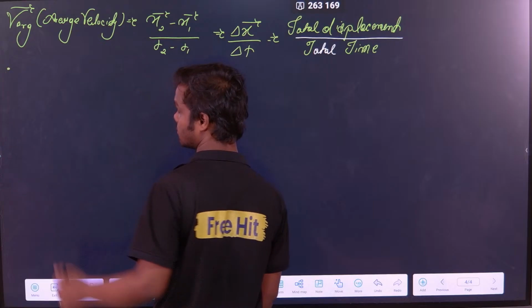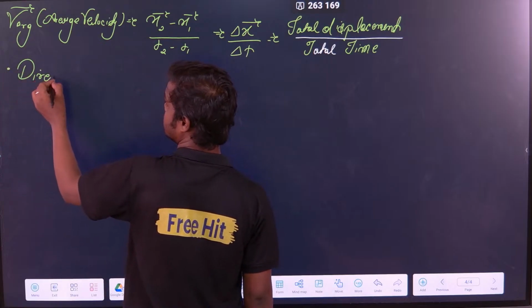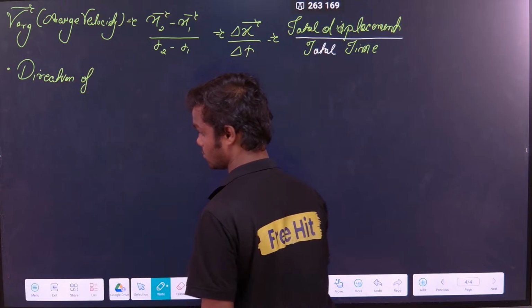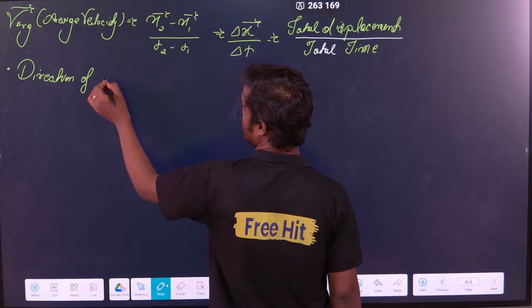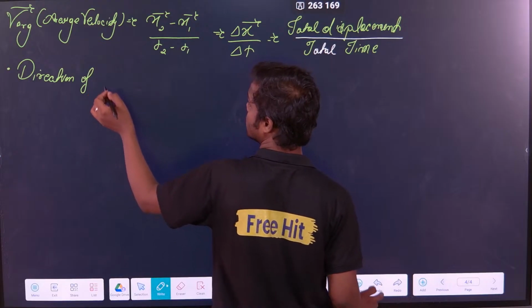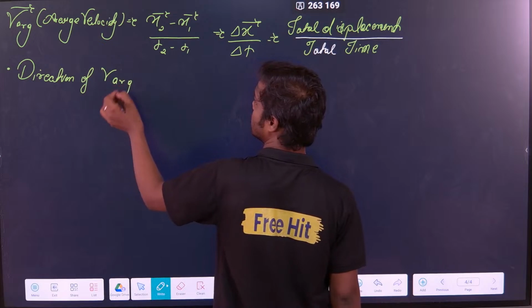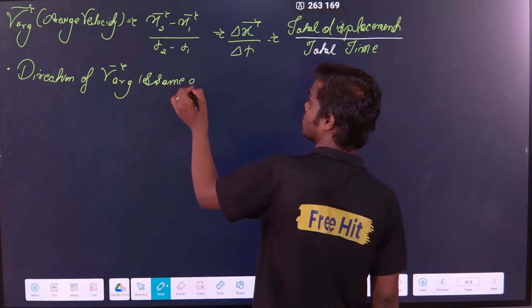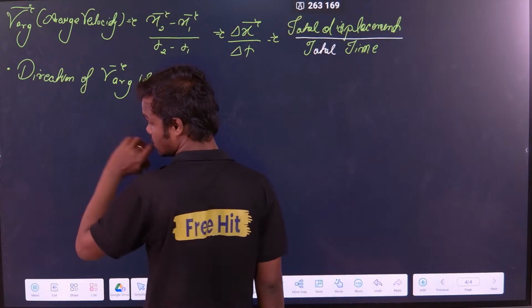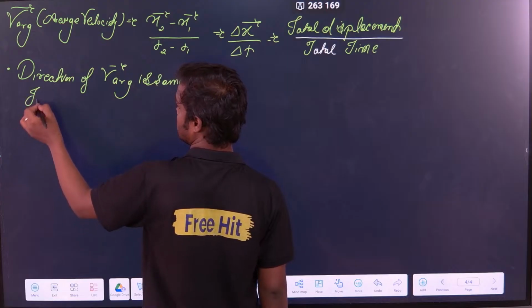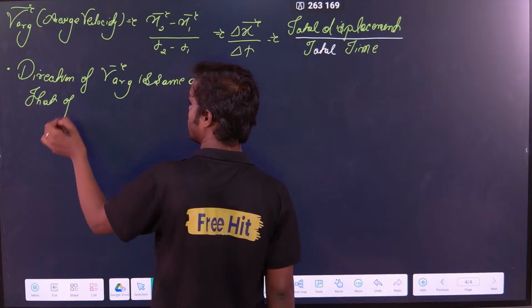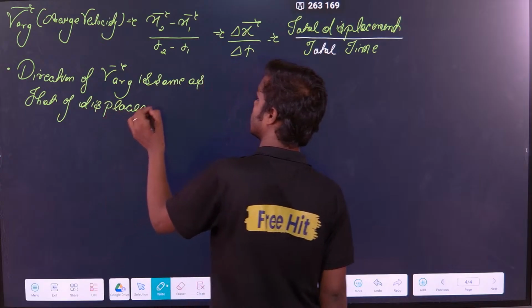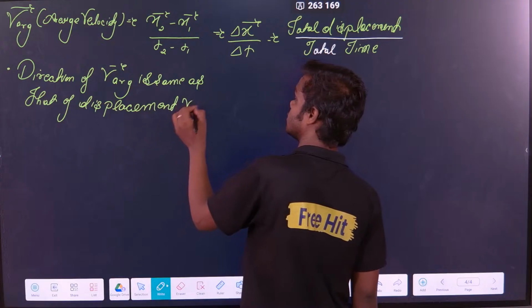Second thing, the direction of average velocity is the same as that of the displacement vector.